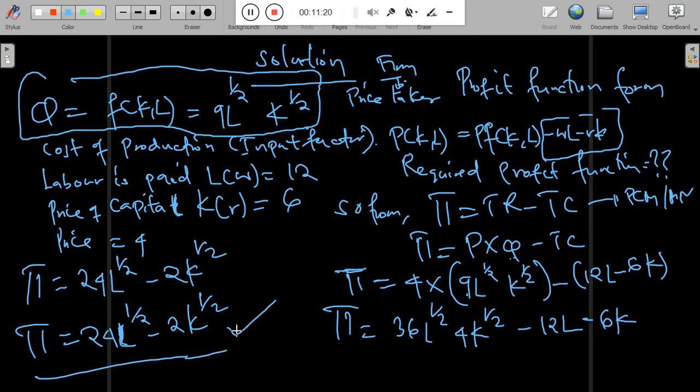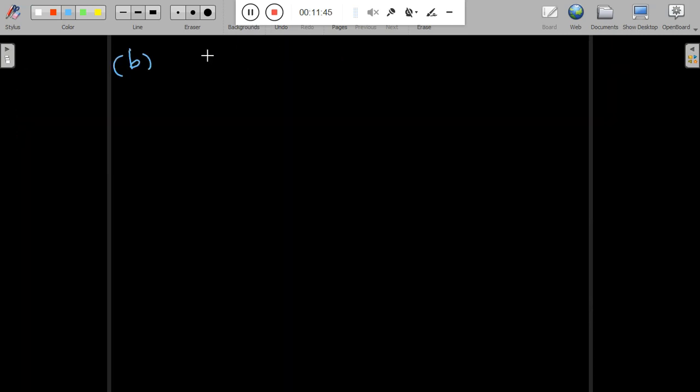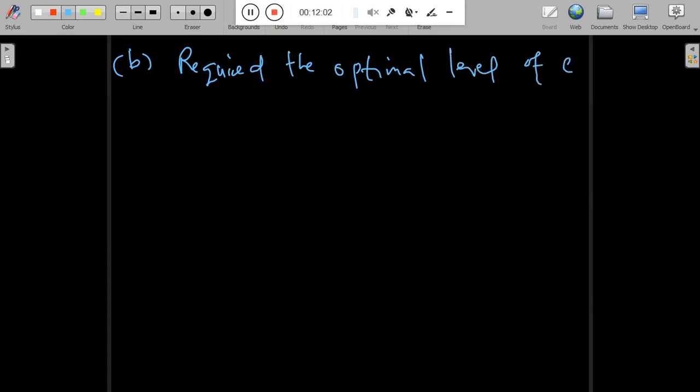So after understanding that, let's go quickly and solve for the optimal level. The optimal level is a level of maximization, whereby the firm can maximize its profit. Under maximization, we need to calculate the optimal level of the input factors of production, that is capital and labor, that are applied to make the total output level.